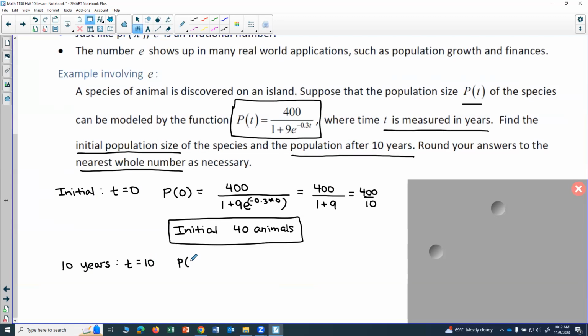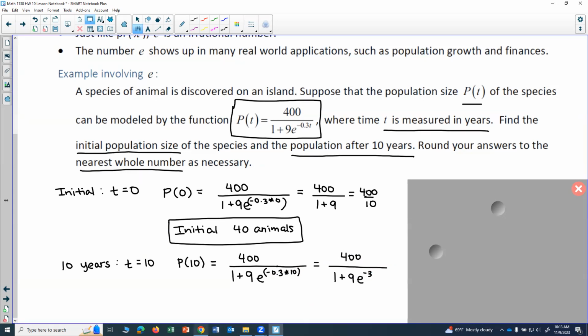And so we'll have p of 10 equals 400 divided by the quantity 1 plus 9e to the power of negative 0.3 times 10. And that would become 400 divided by the quantity 1 plus 9e. 0.3 times 10 would give me a 3, so this would be e to the negative 3.